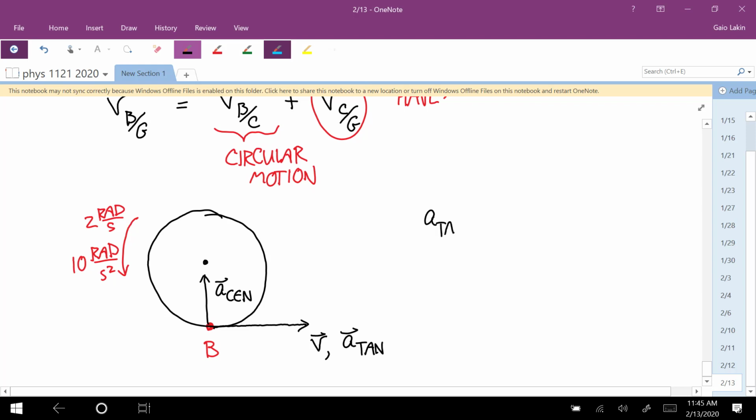The magnitude of the tangential acceleration is absolute value of alpha times r. So that's 5. It's in the positive x direction, so the tangential acceleration vector is positive 5, 0.